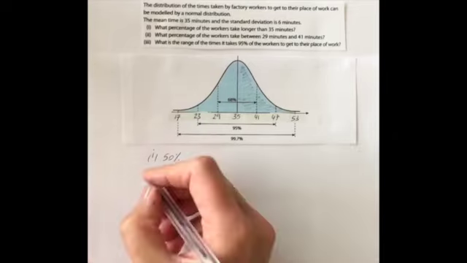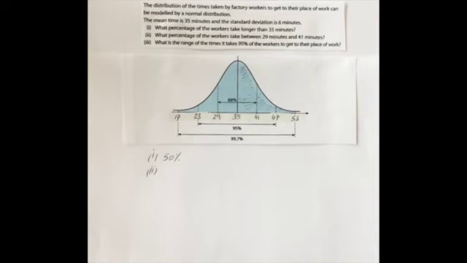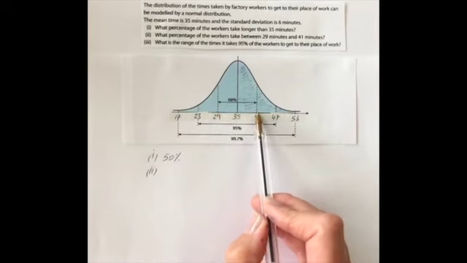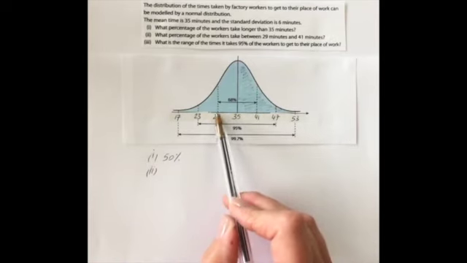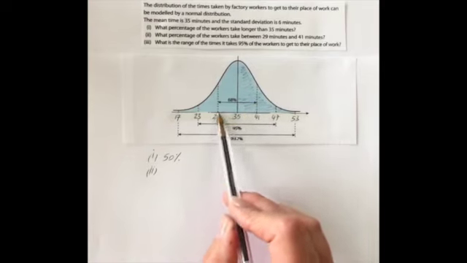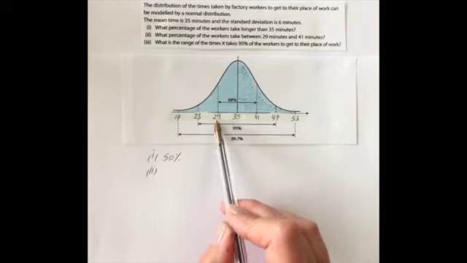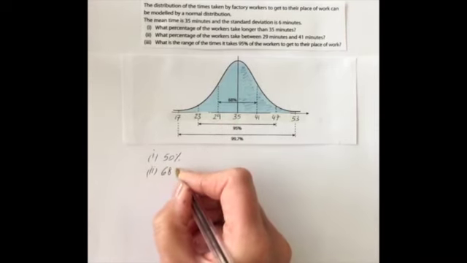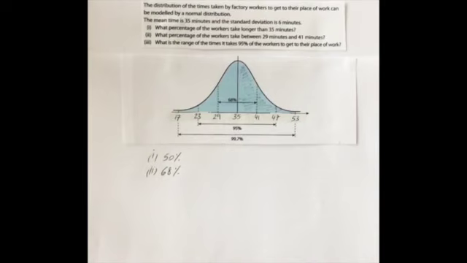The second question then asks, what percentage of the workers take between 29 and 41 minutes? Well, there we go. There's our 29 and 41 minutes. And we know from our empirical rule that 68% of the data lies within one standard deviation of the mean, and that's where our values 29 and 41 come from. So 68% of the data is the answer there.